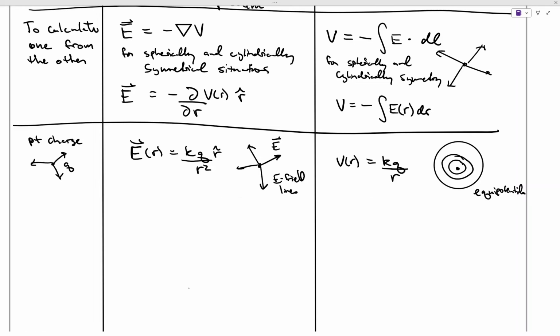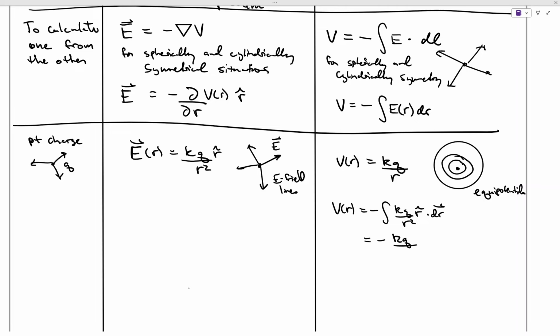And we can show getting one from the other. Where does this V come from? Well, if you integrate E, and E was kQ over r squared, what does this become? This becomes an integral, negative. Let's pull out kQ.